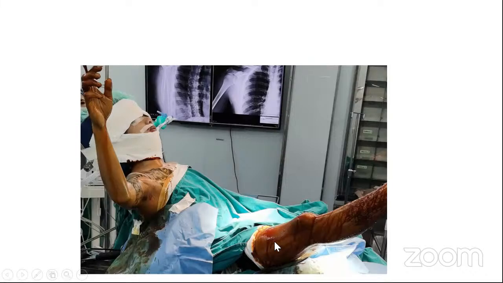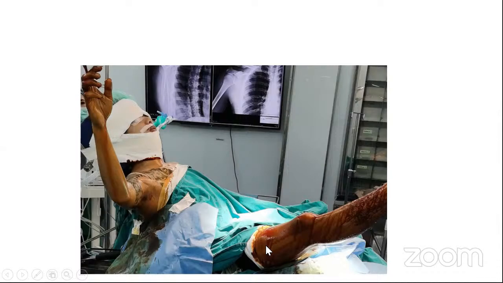So we prepare the limb, and an incision is made just below the GT. The tensor fascia lata is thicker immediately after the GT compared to other parts of the body. So one will harvest based on the size of the defect to be covered. One can harvest as much as 4 by 4 centimeters.